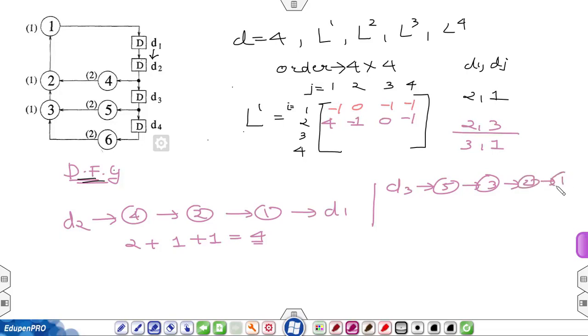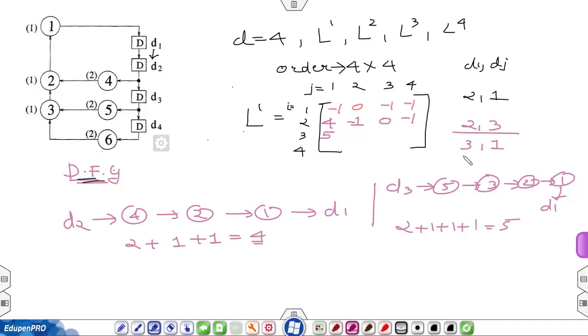Adding their computation times, 2 plus 1 plus 1 plus 1, this gives 5. So the value is 5.